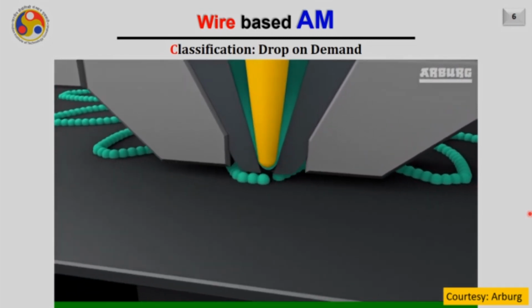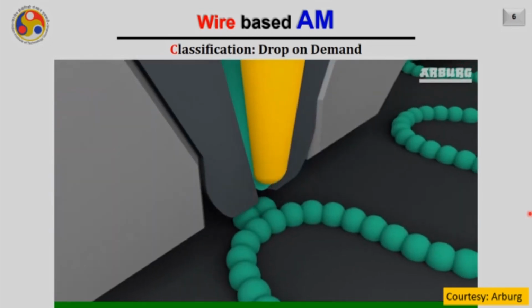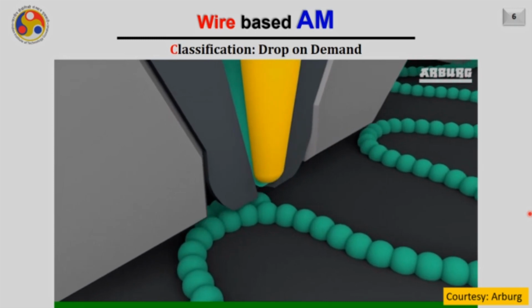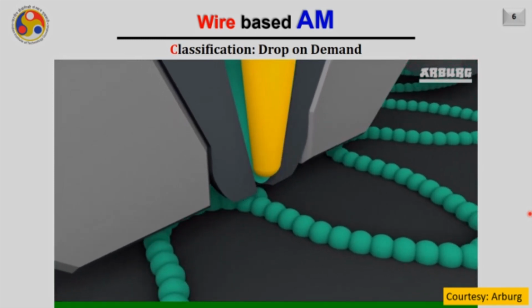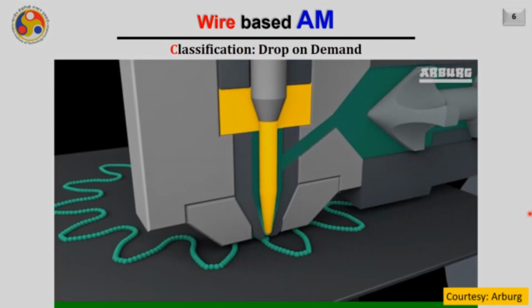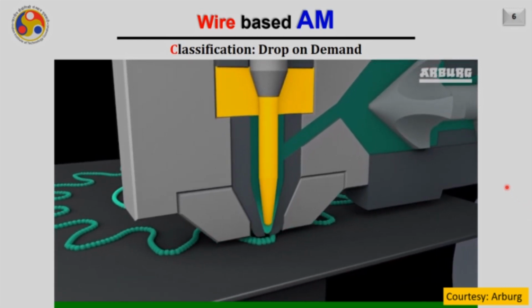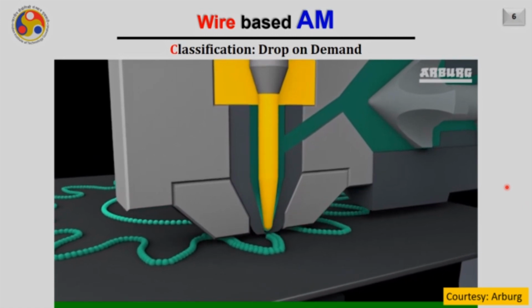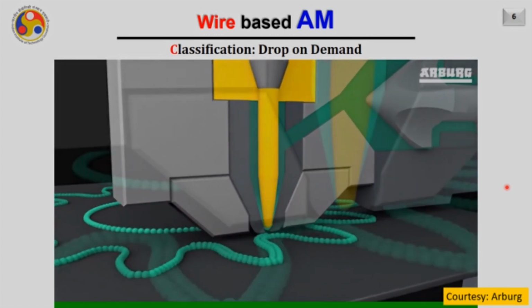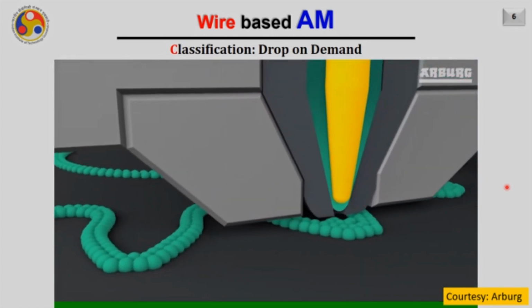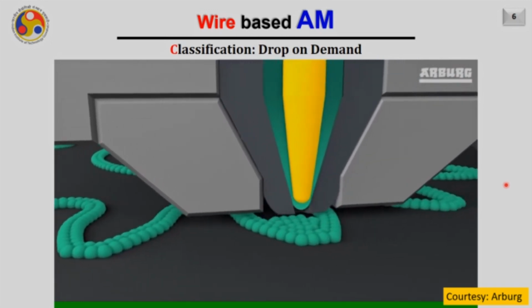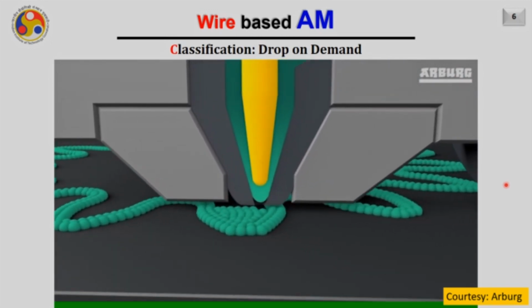Now the difference here is it is not dropping a continuous material. Here instead it is depositing the drops on demand wherever it is required. So this kind of process comes under the classification of not continuous deposition, where the material is continuously coming. Here wherever required we are dropping a particular drop of material to deposit it.